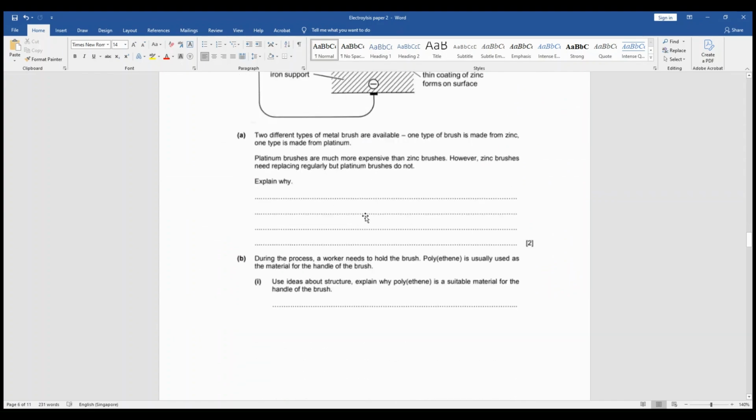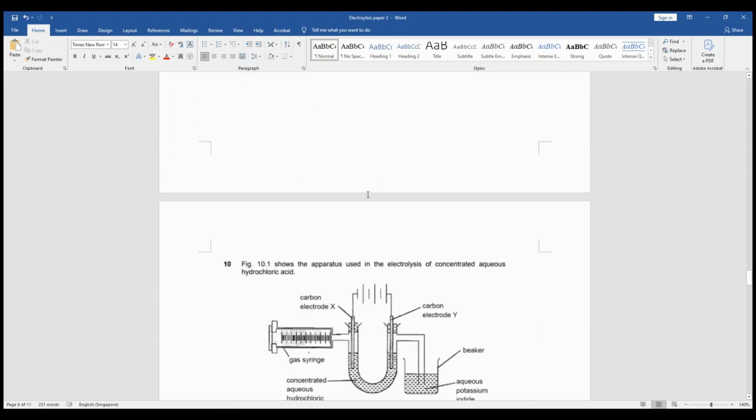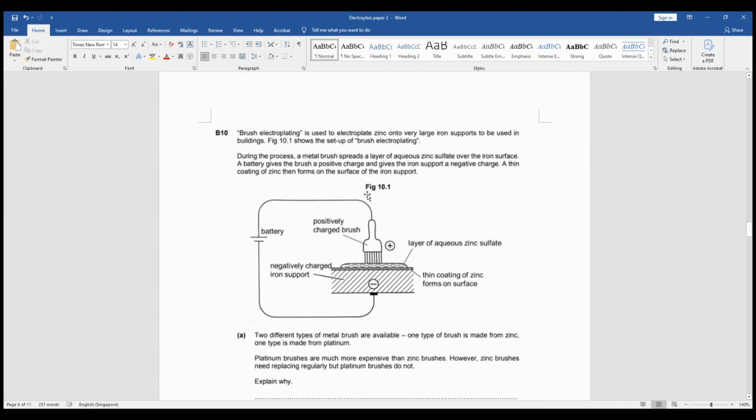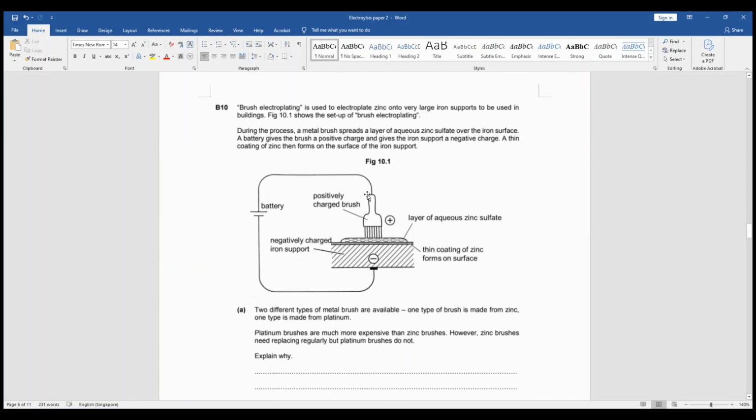Wow, that's a lot of questions. B10. Brush electroplating is used to electroplate zinc onto very large iron support to be used in building. Metal brush spreads a layer of aqueous zinc sulfate over the iron surface.